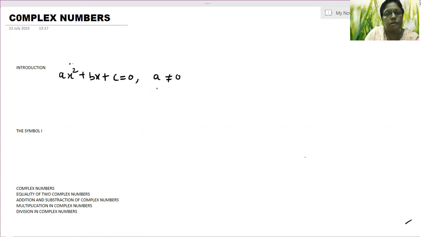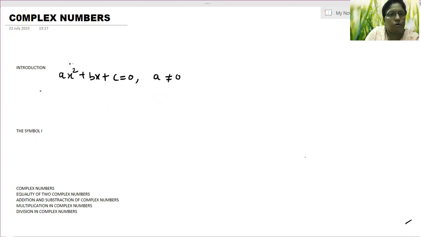Okay, because if a is equal to 0, then it will not be quadratic, because this term ax square will not be there and it will remain linear equation in variable x.